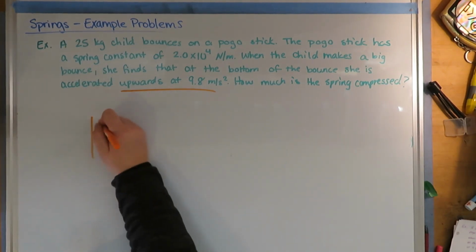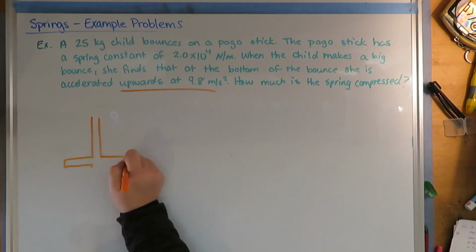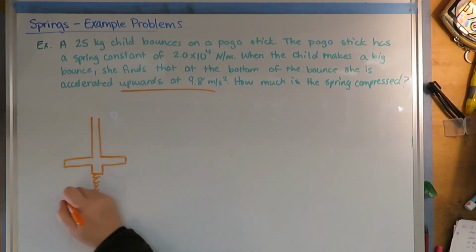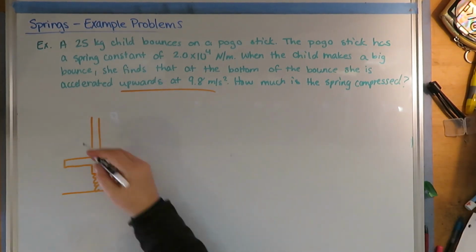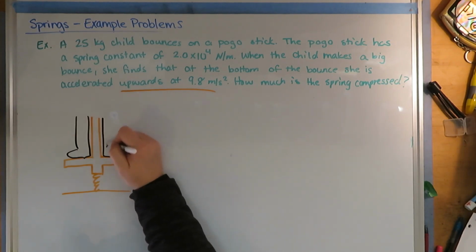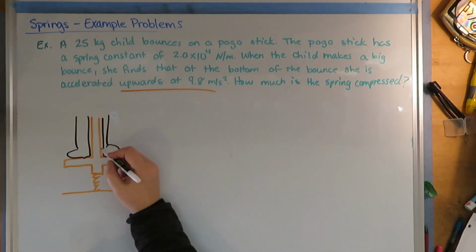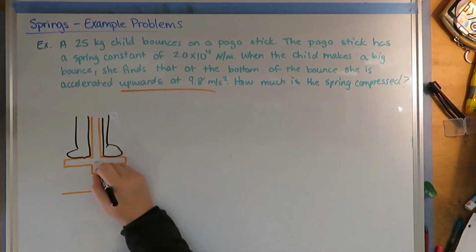So if I was to kind of picture this one, I would picture a pogo stick here. I'm going to assume that there's a spring here. So basically what this is saying is that during this bounce, because she's standing here on this pogo stick, there is a gravitational force.